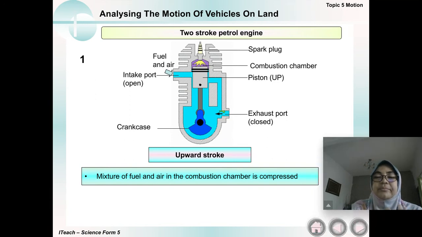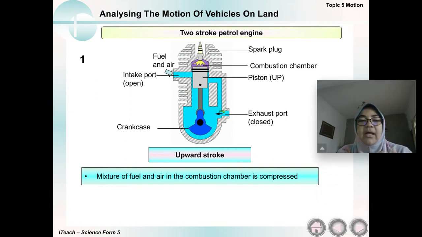Okay, so mixture of fuel and air in the combustion chamber is compressed. So dia macam combine. Kalau tadi kita ada 4 stroke, kita ada induction, kita ada compression, kita ada power, kita ada exhaust. Tapi untuk two-stroke engine, dia combine. Upward stroke is induction and compression.